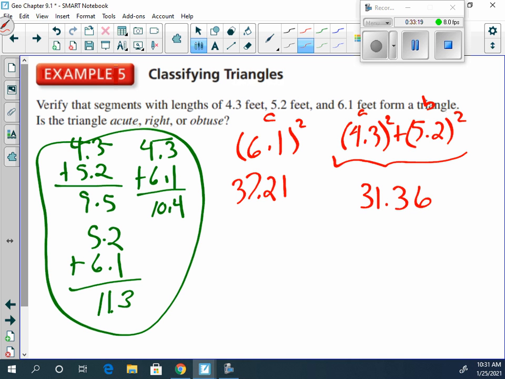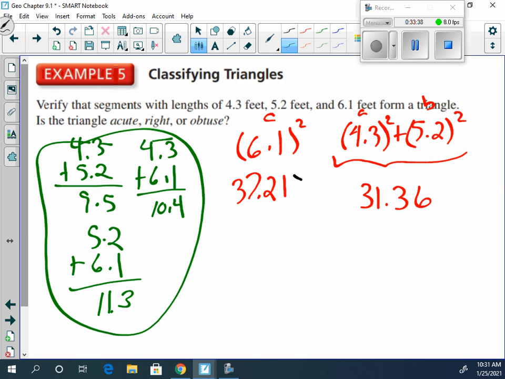So 4.3 squared plus 5.2 squared gives us 31.36. So is c squared greater than a squared plus b squared, equal to a squared plus b squared, or less than it?